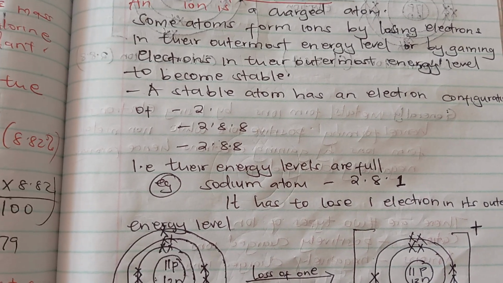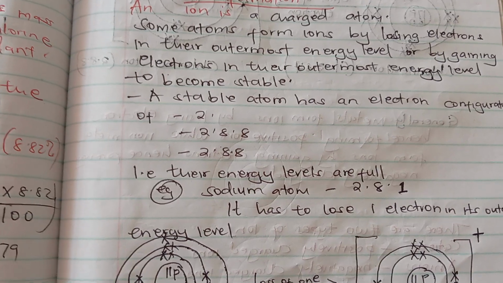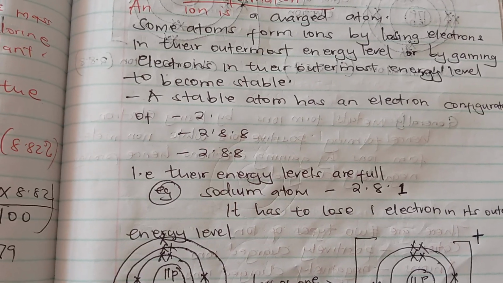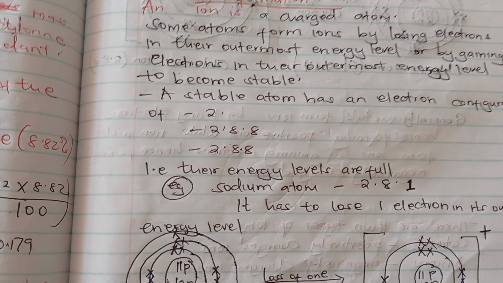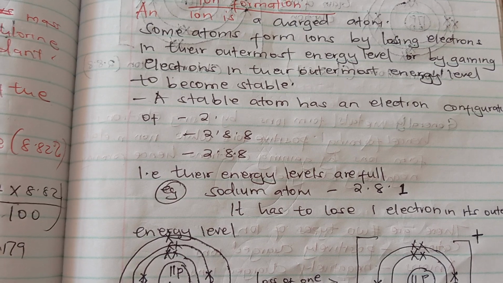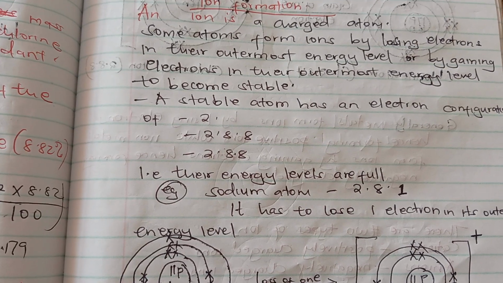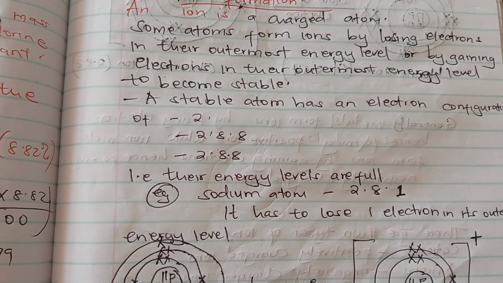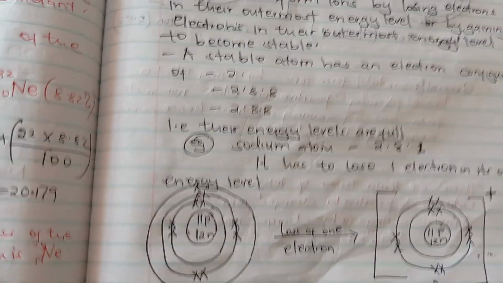Stable electron configuration is an electron configuration of 2, for example in helium, 2.8 or 2.8.8. That means all the energy levels are occupied to the maximum. So atoms normally form ions trying to achieve the stable electron configuration.